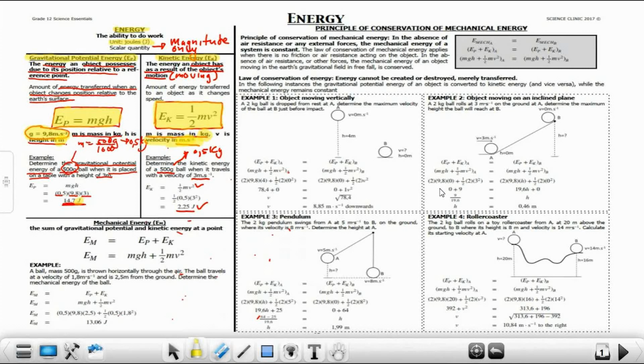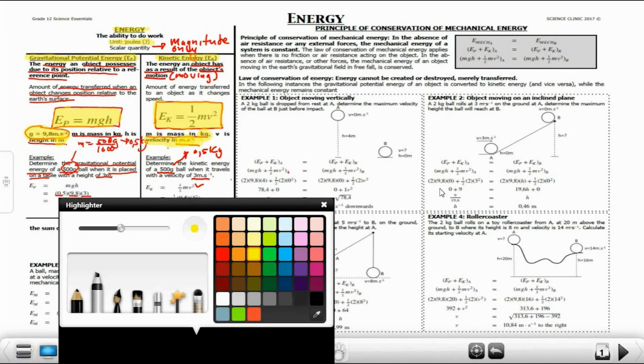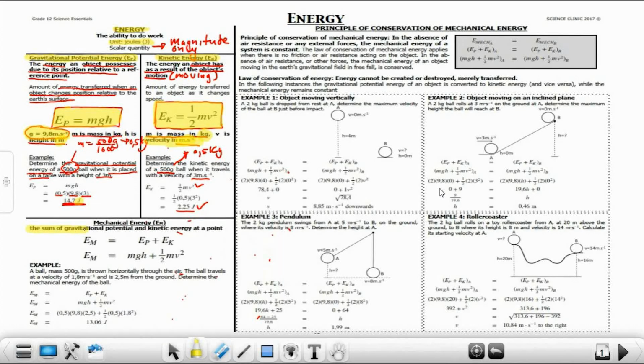If there are no questions, then we can now move to mechanical energy. Mechanical energy is defined as the sum of gravitational potential energy and kinetic energy at a point. So it is just the sum of EP and EK.